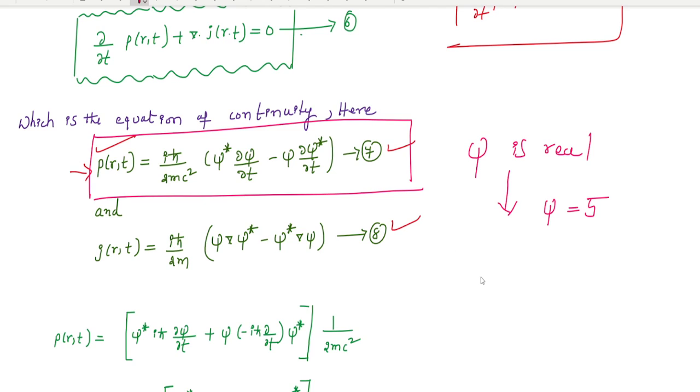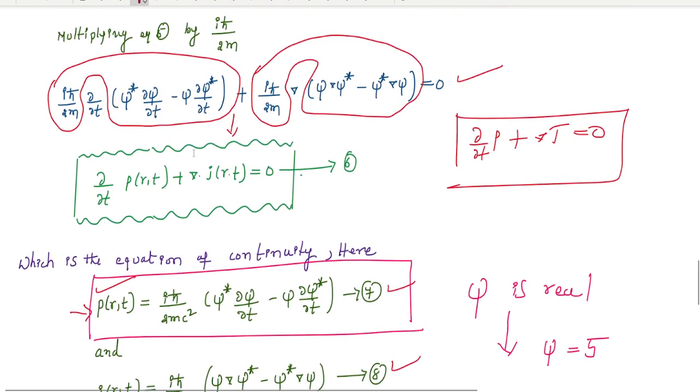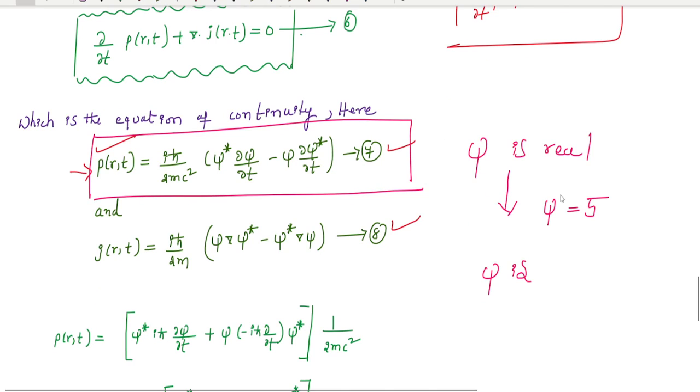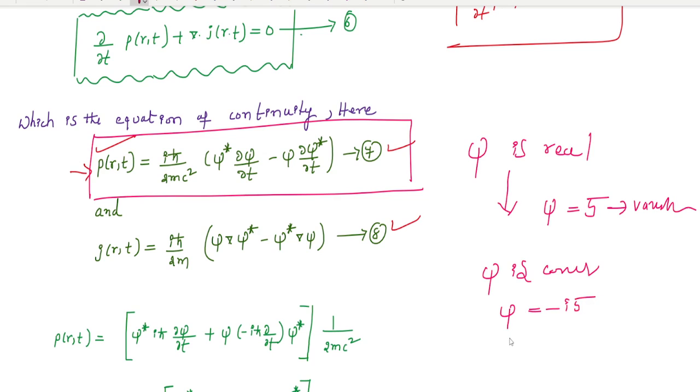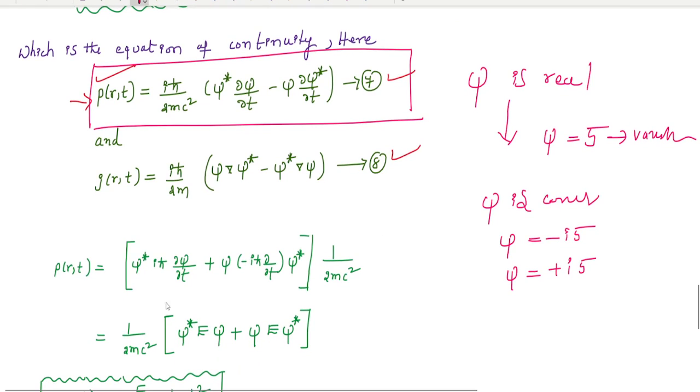When psi is complex, this term does not vanish. If you consider the wave function psi to be complex, for example psi equal to minus i5, the complex conjugate of this function is plus i5. So we get a different form of the equation here.